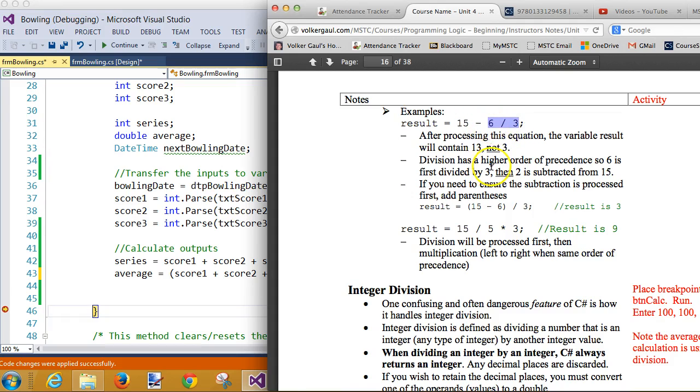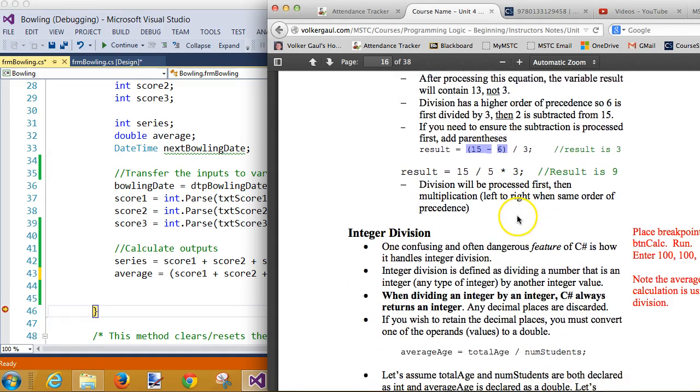Division has a higher order of precedence than subtraction in my list over there on the previous page. So this gets done first. We take 6 divided by 3, that's 2. Then subtract the 2 from 15 and get 13. If you wish, you can use parentheses to override the order of precedence. Now the answer is 3.